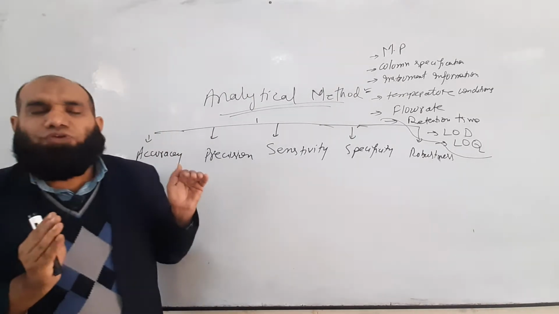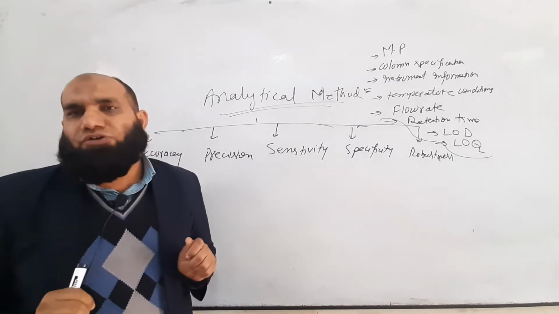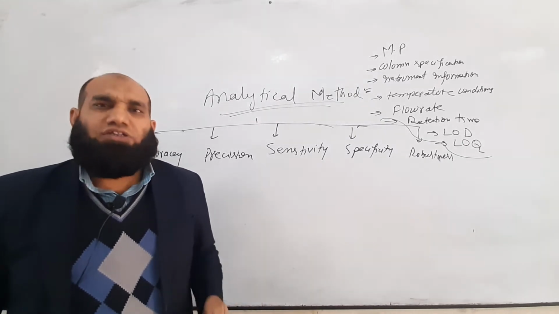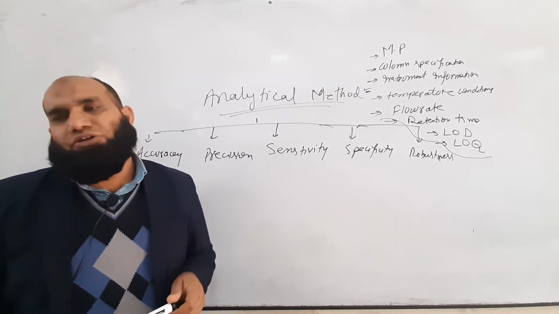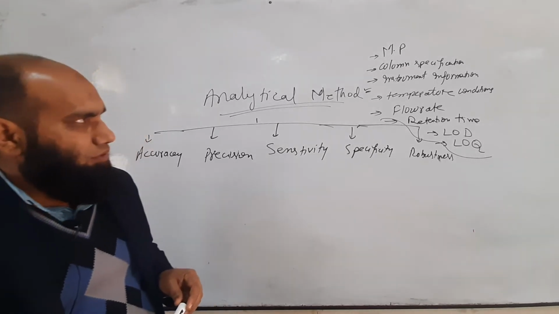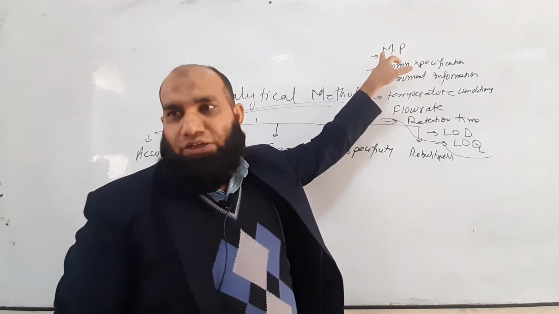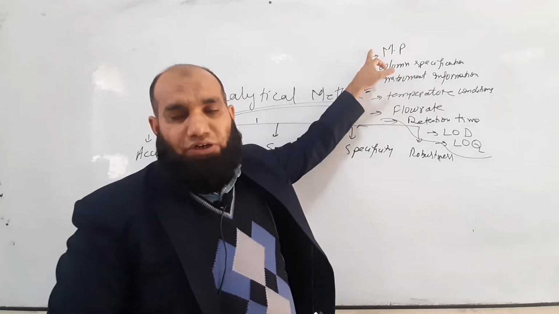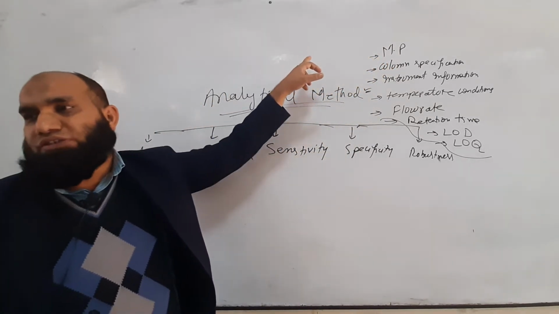These are the basic steps we have to keep in mind when we want to develop an analytical method for the calculation of concentration through plasma or urine or some other materials from within the body. We have to check if the mobile phase is already developed and reported in different literature and books, then we can use the same composition.